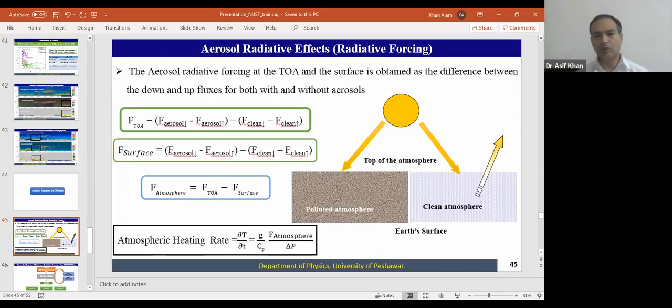When we talk about the polluted atmosphere and the clean atmosphere, I suppose this is also based on the perspective. For example, we can have pollutants such as nitrates that have high reflectivity as compared to black carbon, which will absorb more of the solar radiation. So I suppose it also depends on the nature of the pollutant.